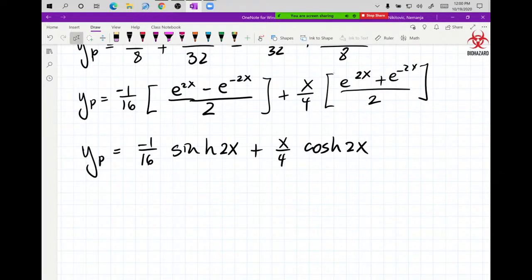We could have used undetermined coefficients as well, but this is way cooler. And now you have your solution of yp. So of y.